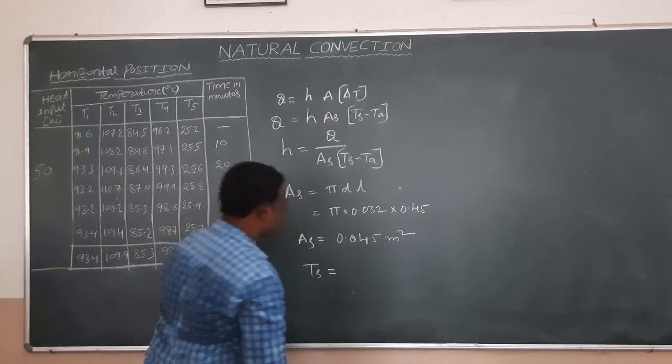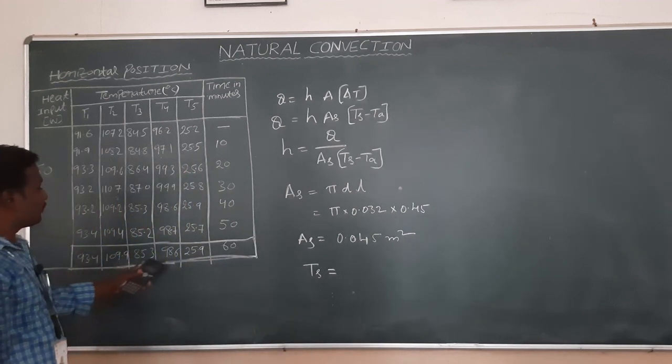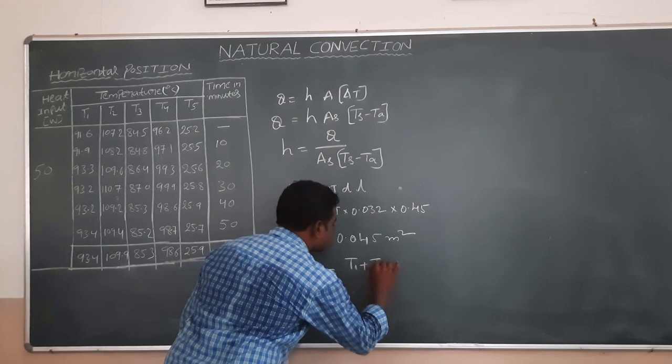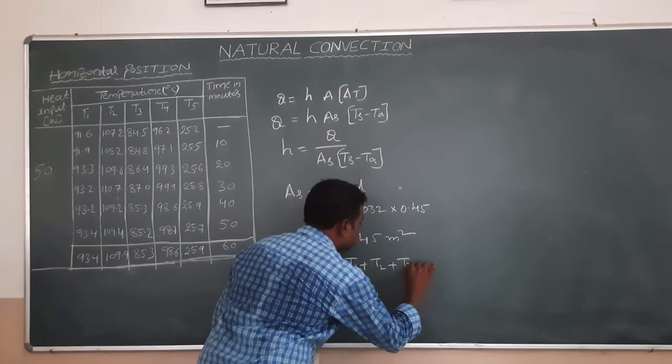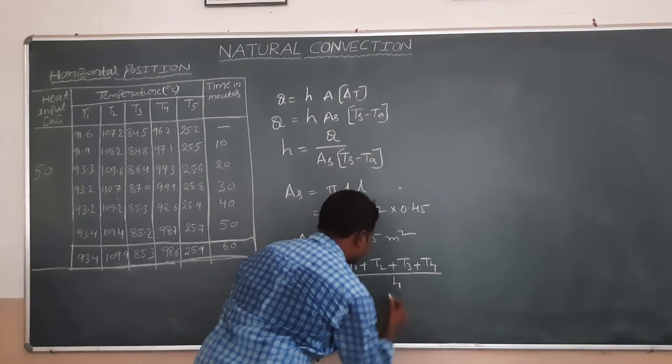Now calculate the surface temperature. Surface temperature is the average of the 4 thermocouples mounted on the surface: T1 plus T2 plus T3 plus T4 divided by 4.